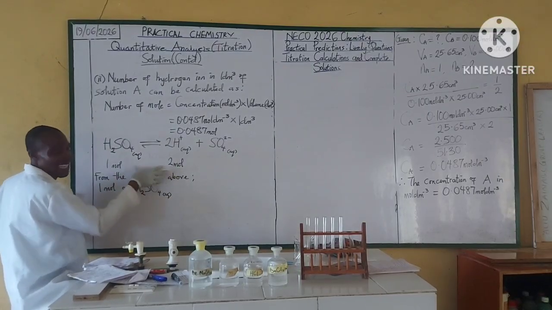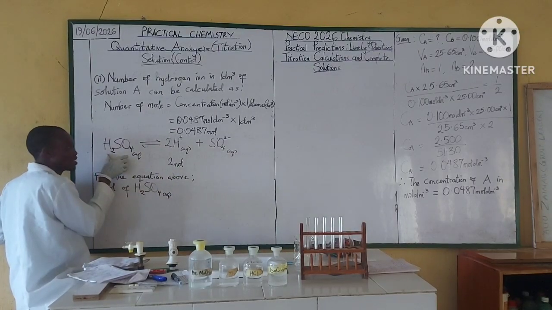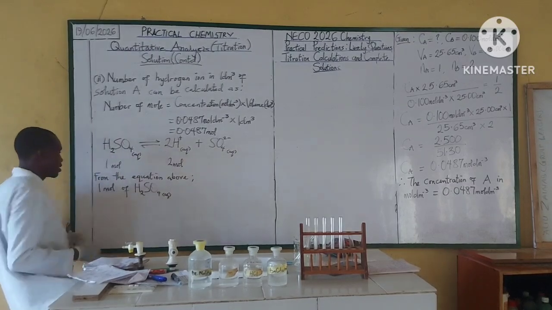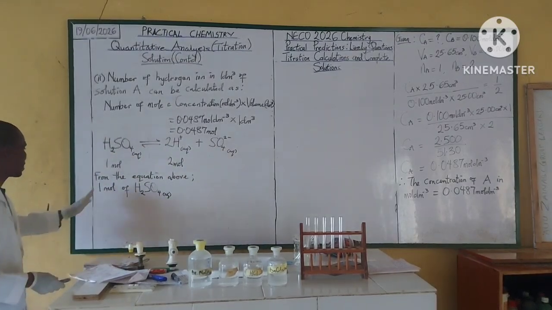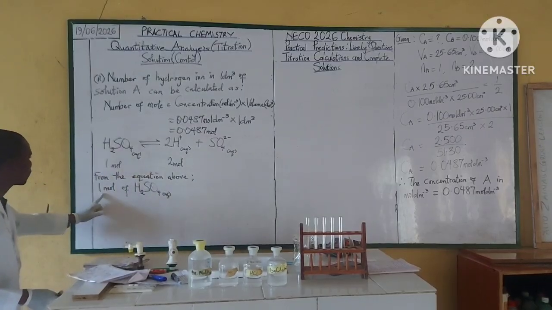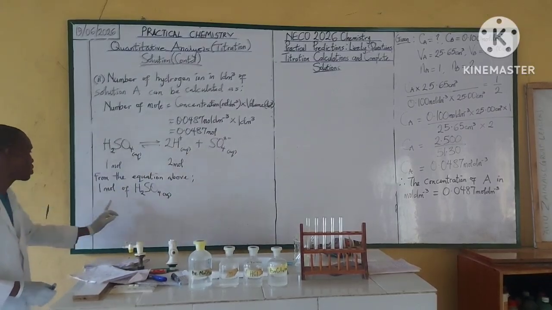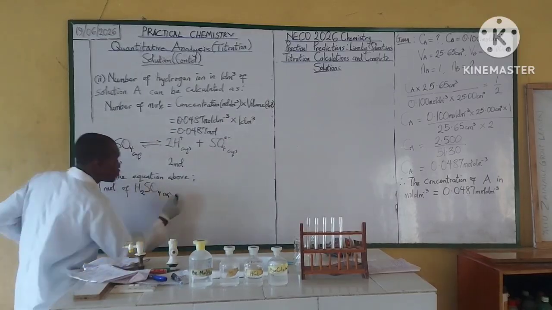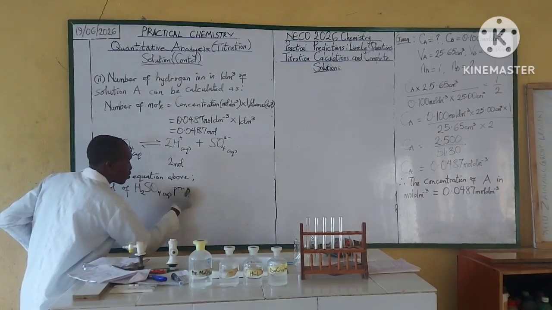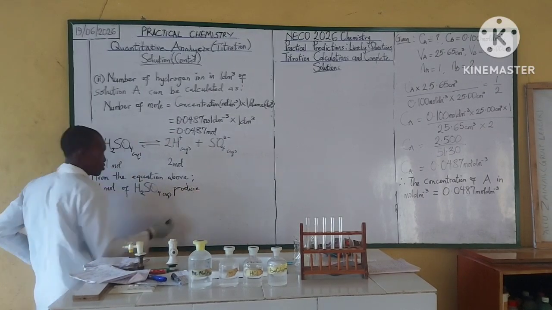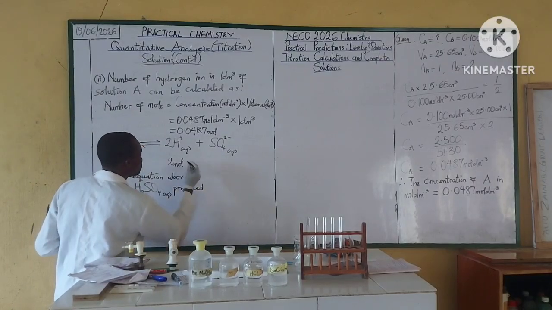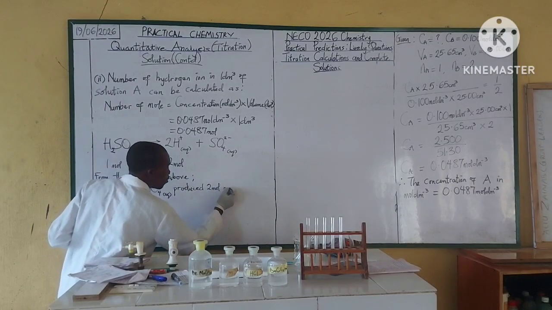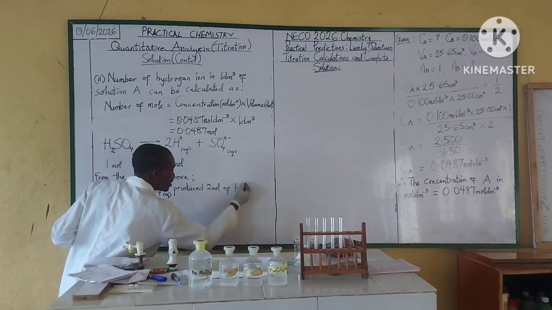The main character here is tetraoxosulfate VI acid and 2 moles of hydrogen ion. Having understood that, we can now say 1 mole of tetraoxosulfate VI acid produces 2 mole of hydrogen ion.